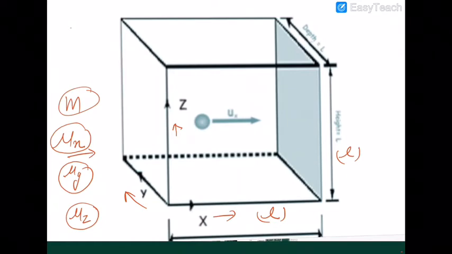So now we will derive the kinetic theory of gases. I will give you the derivation of the kinetic gas equation. This is the first wall, and that is the opposite wall.